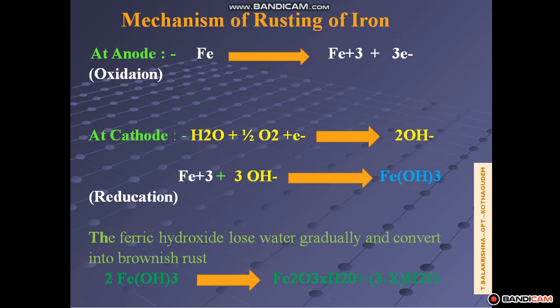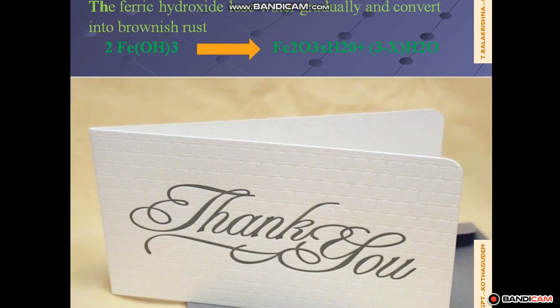That means iron is converted into reddish brown ferric oxide. The molecular formula of ferric oxide is Fe2O3·xH2O. It gradually loses water molecules and is converted into Fe2O3, which shows the brownish rust color. This is the mechanism.